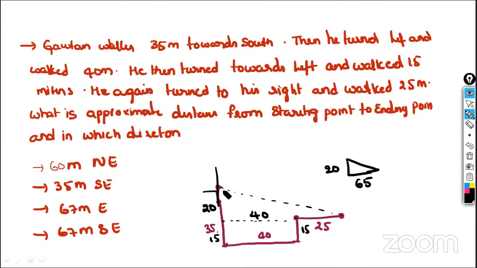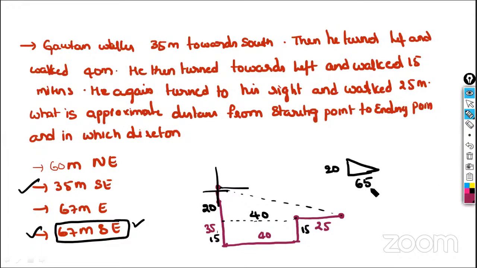So in which direction? Southeast, right? Southeast has only two options. I know mentally that it is the square root of 65 square plus 20 square, which is more than 65. I will get the answer. Then the answer is 67 meters southeast without any calculations, right?